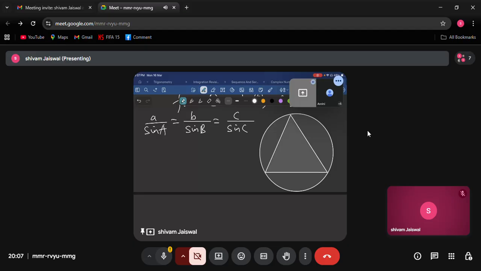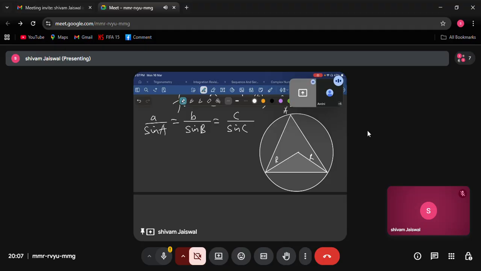If this is the center of the circumcircle, from here you join B. This is the circumradius, right? From here you join C. This is also the circumradius.